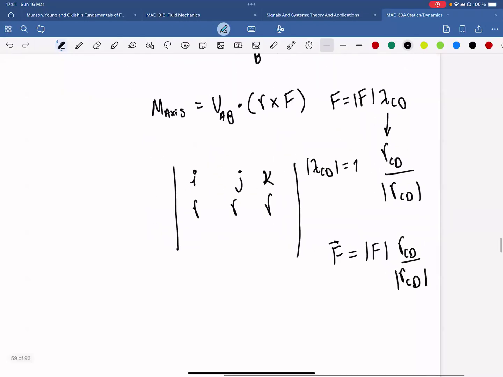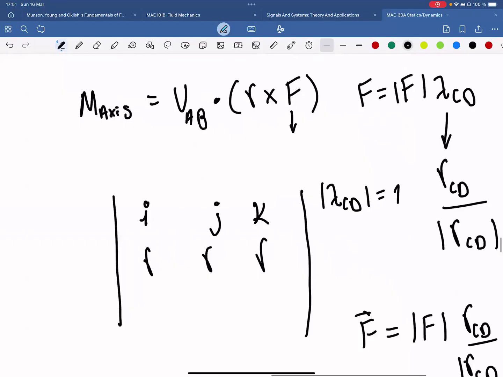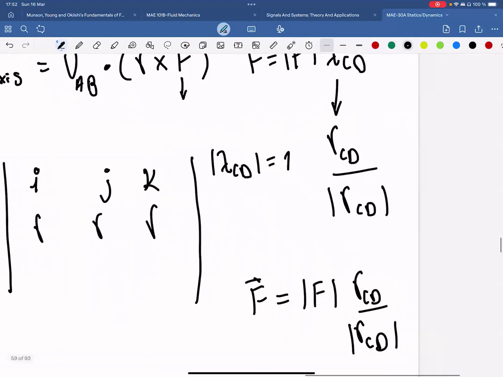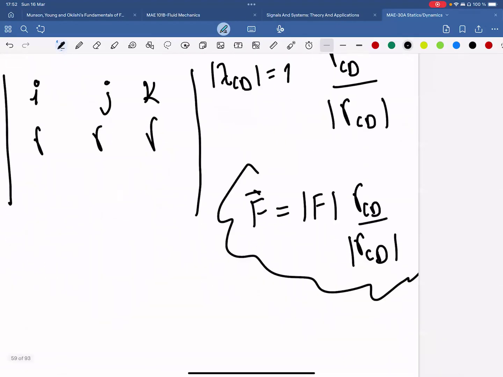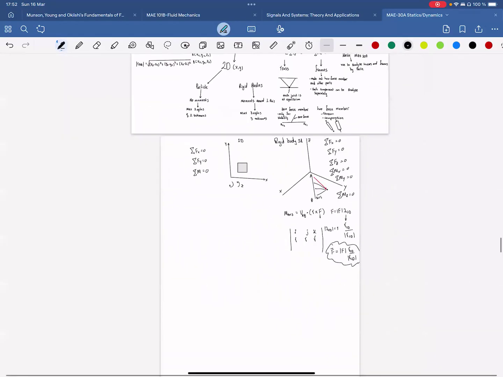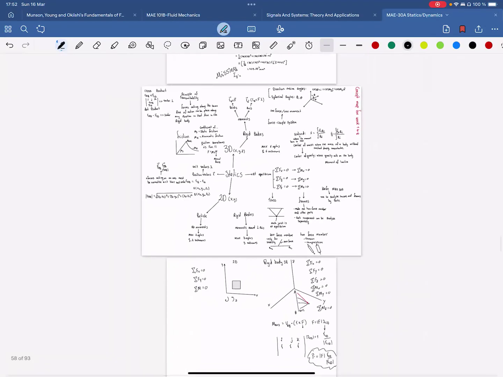All this to show that the force term, when it is acting along an axis that is not parallel to any of the x, y, z axes, has to be normalized, just like this. So I think that was first, second, and third week of classes.